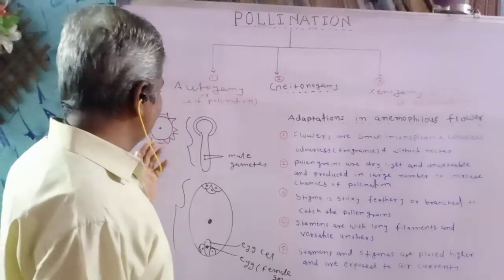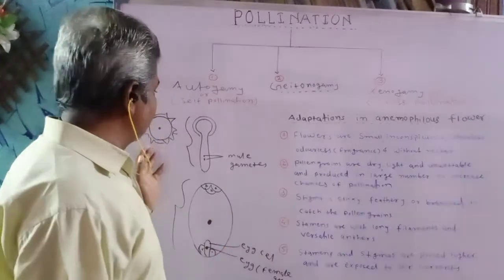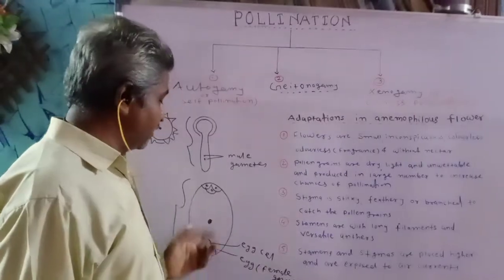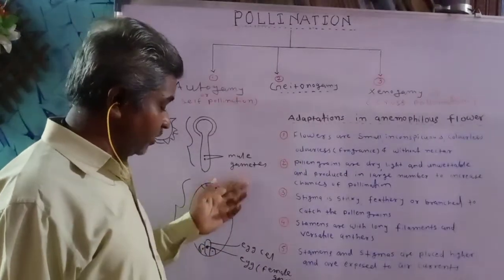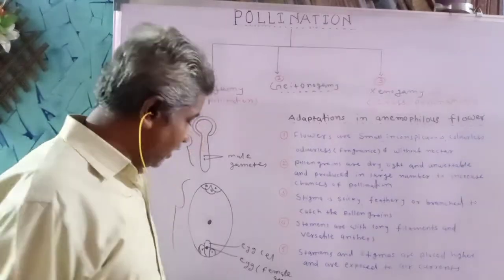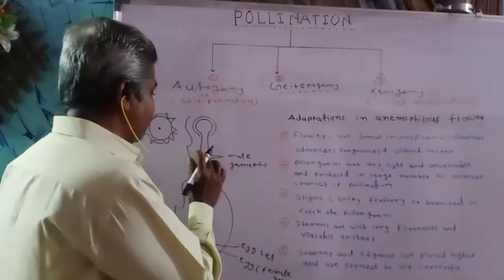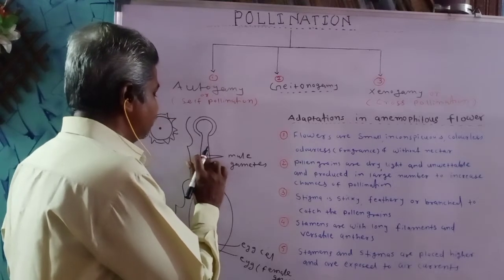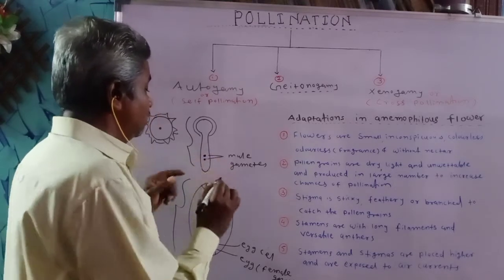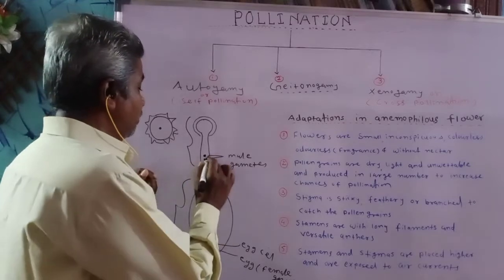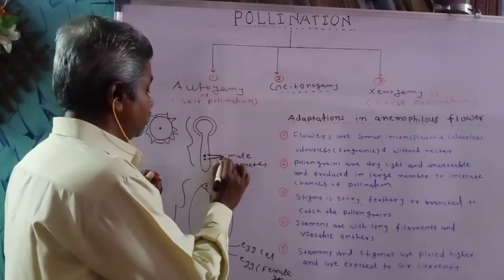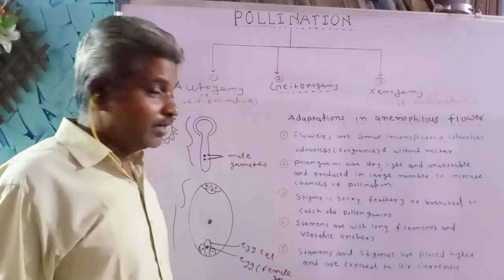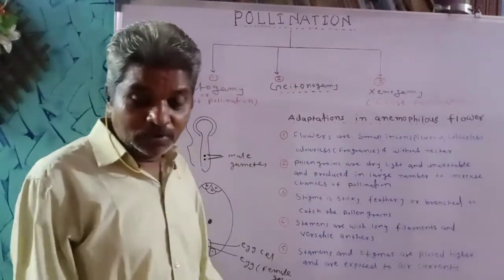So the anther contains pollen grains that germinate to produce the male gametophyte, and the female gametophyte later on produces the female gamete. The male gametes are non-motile, and these non-motile male gametes lie in the pollen tube. Similarly, the female gamete lies in the embryo sac. So these are apart from one another.